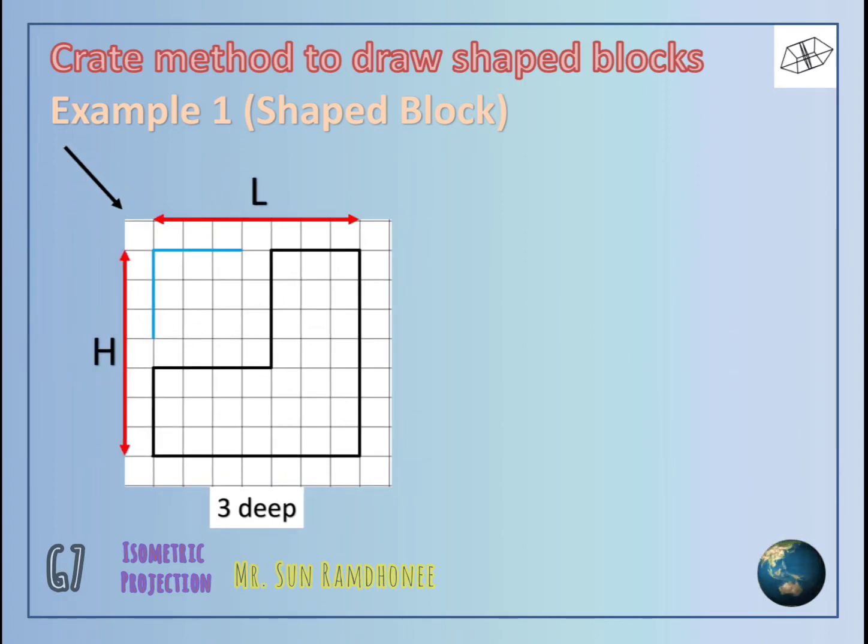The length will be the horizontal distance and the height will be the vertical distance. In this case, the length is equal to 7, the height is equal to 7, and obviously the depth is 3. So the 7, 7 and 3 represent the number of squares here.